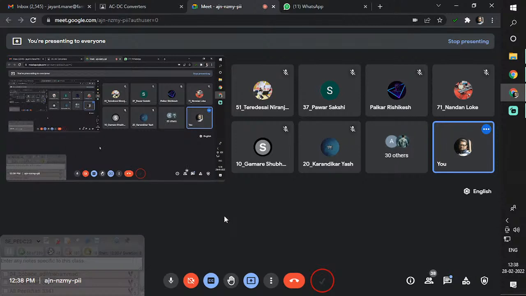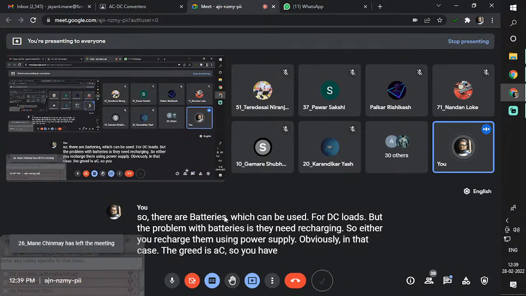So there are batteries which can be used for DC loads. But the problem with batteries is they need recharging. So either you recharge them using power supply. Obviously, in that case, the grid is AC, so you have to convert it into DC and then you can charge the battery.